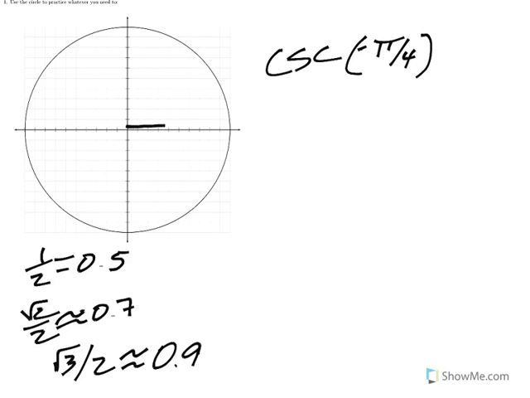Starting at 0, going in the negative direction, a quarter of the way through pi, and there's negative pi-fourths. Then I remind myself what this ordered pair is. The x-coordinate and the y-coordinate look about the same size. Yes, one of them's positive and one of them's negative, but just looking at the size of these coordinates, they're about the same.